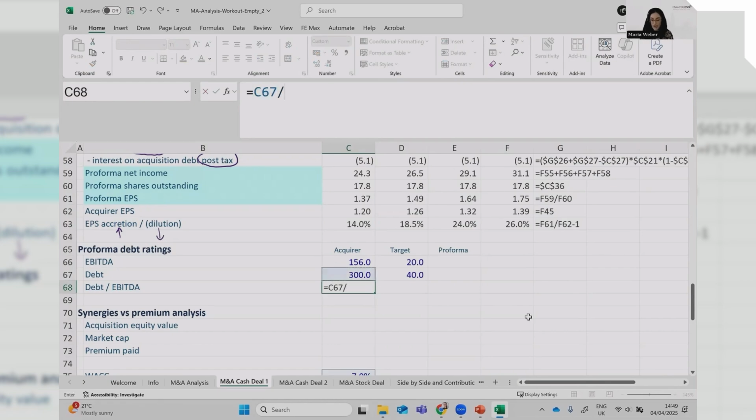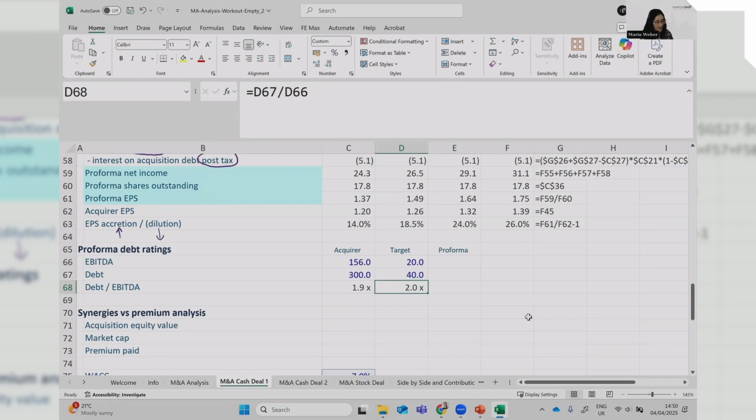So debt divided by EBITDA is 1.9 times. If we look at the target, what was their position looking like before the deal? They had that debt of 40 and they had EBITDA of 20. So EBITDA, earnings before interest, tax, depreciation, and amortization. So they were at 2 times.